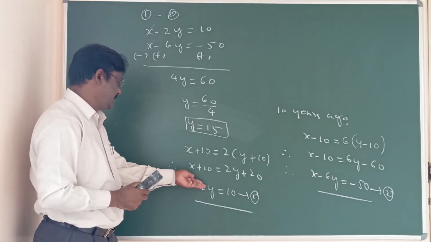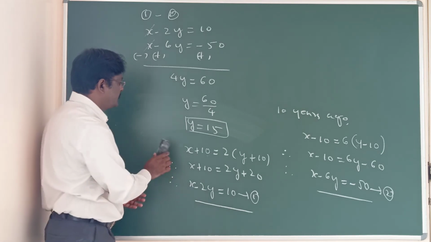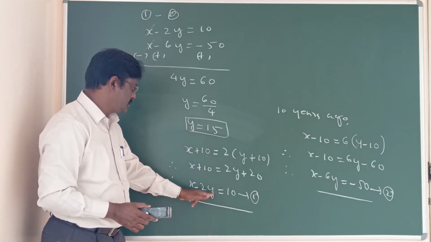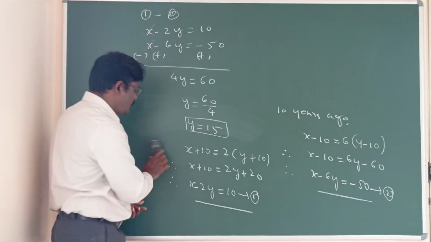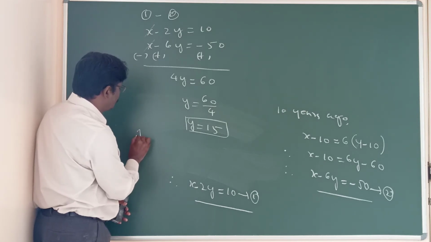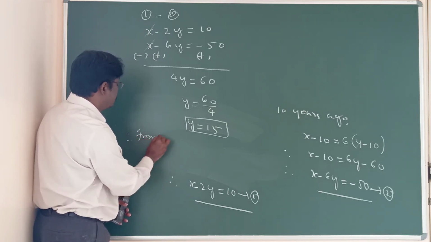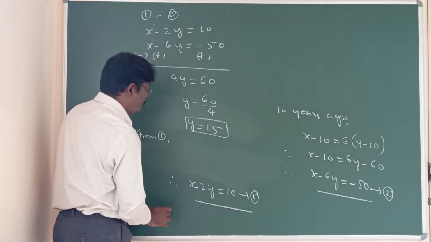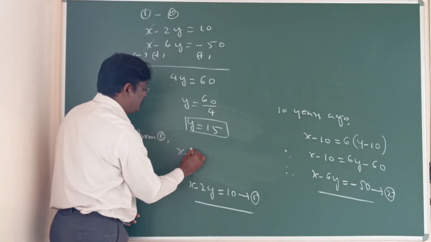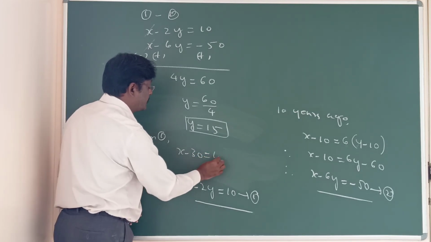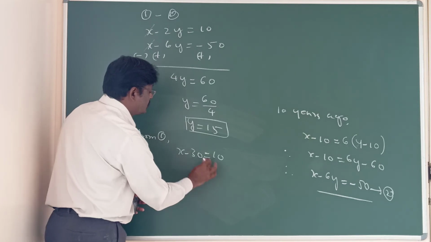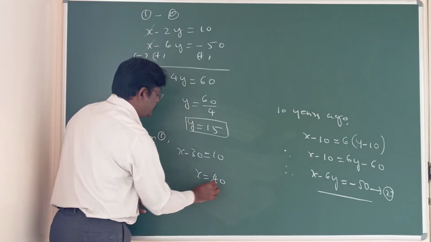Now by taking equation 1, with y equal to 15, let us substitute this value of y in equation 1. From 1, x minus 2 into 15, 30, equal to 10. Therefore x equals 10 plus 30, 40.